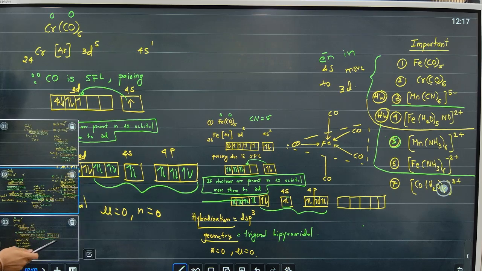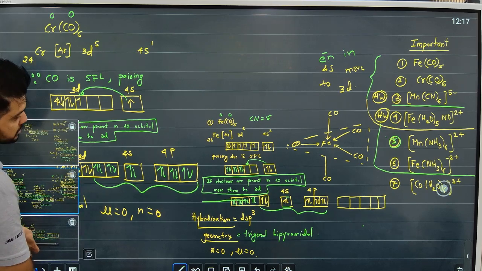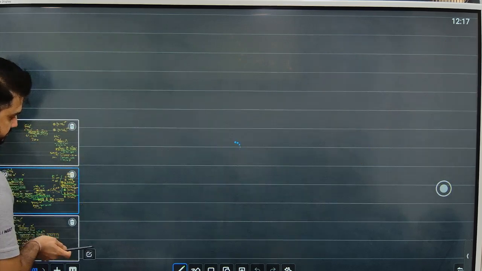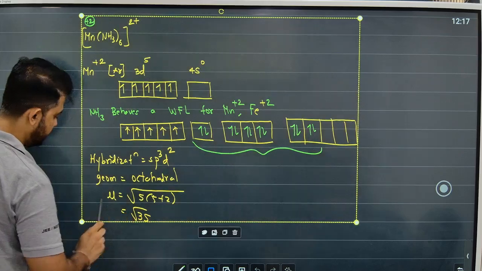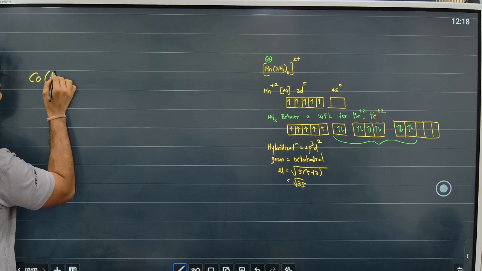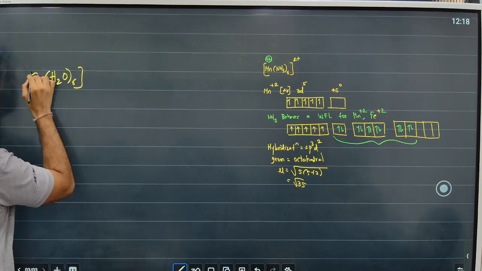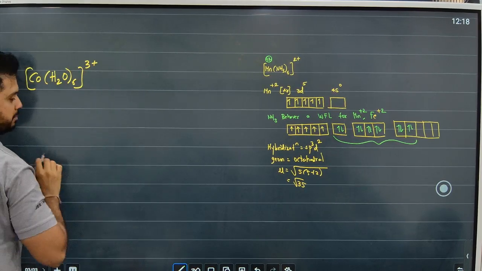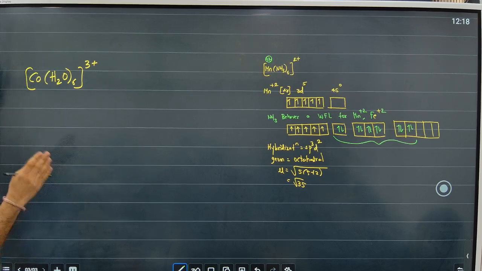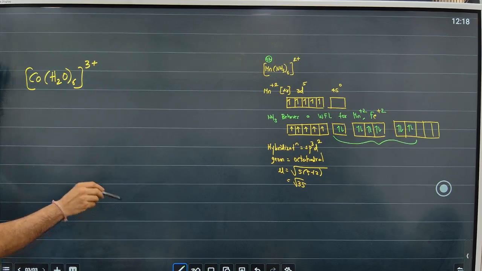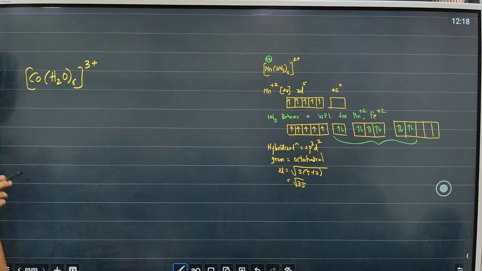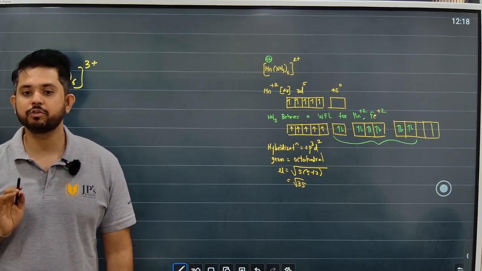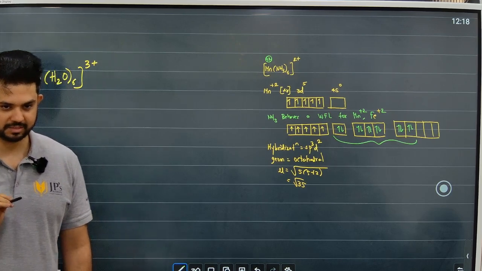What is the seventh question? Co(H2O)6 3 plus. Can someone guess the exception? Co(H2O)6 3 plus. Guess the exception for me. Even though H2O is a weak field ligand, it behaves as a strong field and pairing takes place.